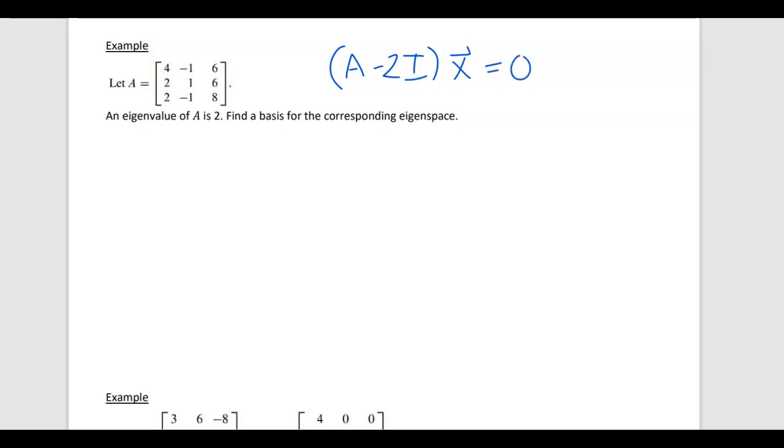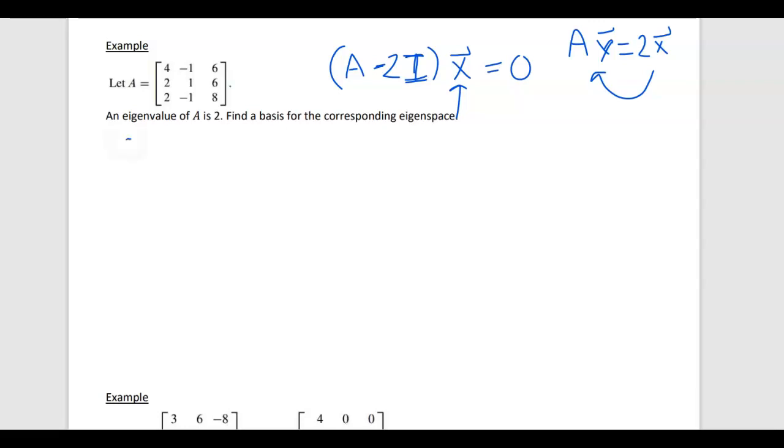That comes from, again, that Ax must be equal to 2 times some vector x. I can subtract that over, setting it equal to 0, and factor out your x vector. And so this is going to help us find that basis for what we were going to call the eigenspace.